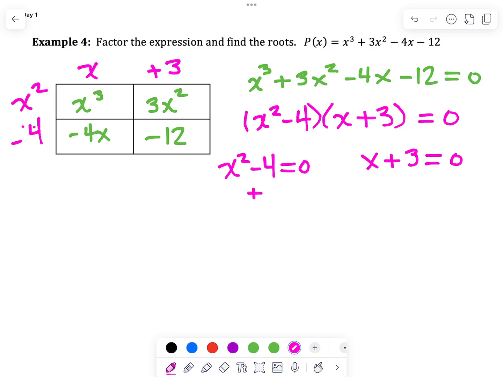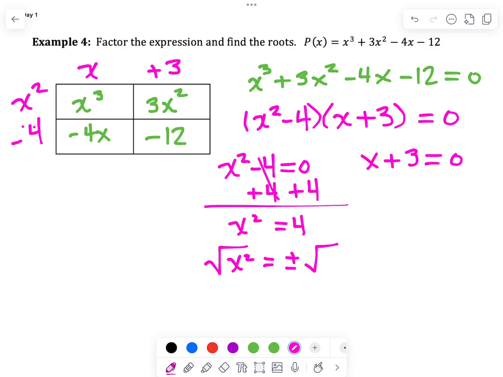So we're going to add 4 to both sides. So we get x squared equals 4. Then we're going to undo that x squared, so we're going to square root both sides. So we get plus or minus the square root of 4. And then we get x equals plus or minus 2.